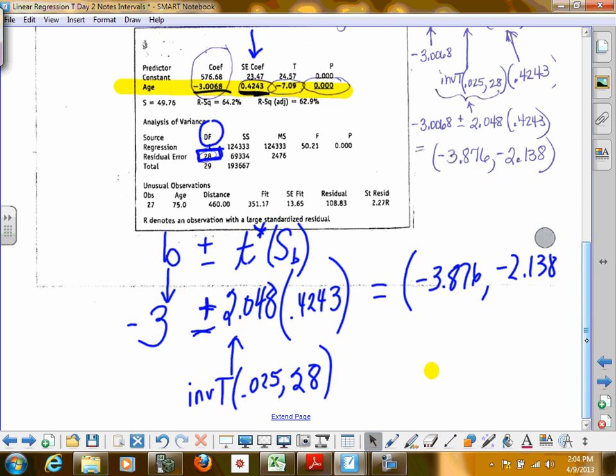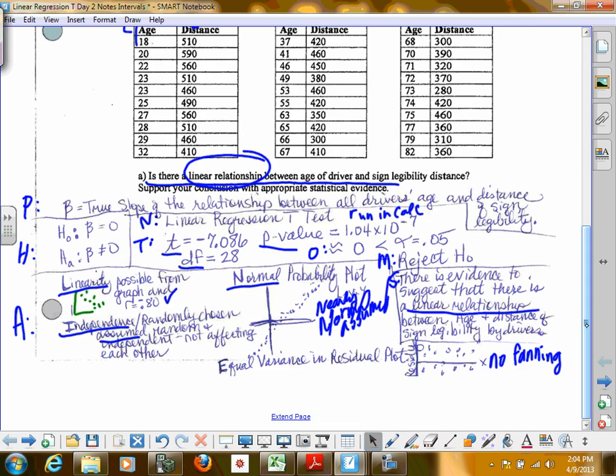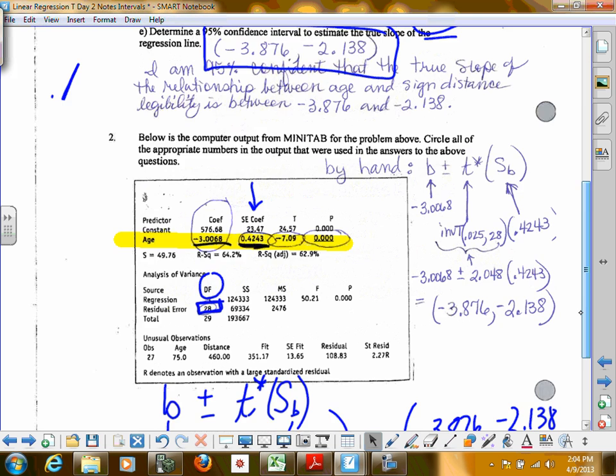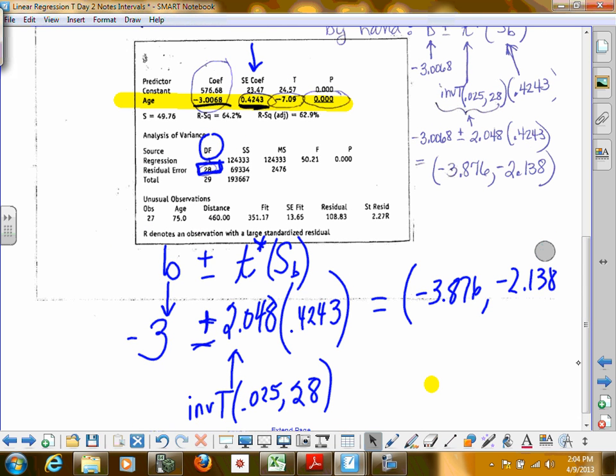Method number one, you have the individual data. You have the list of data. You can plug it into your calculator to get your interval. Method number two, you have the computer printout, so you have to do the formula by hand. Do you see why I cannot just show you everything shortcut in the calculator?